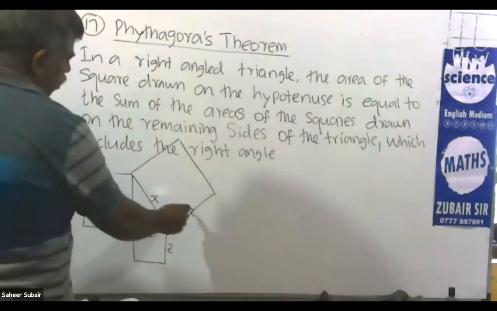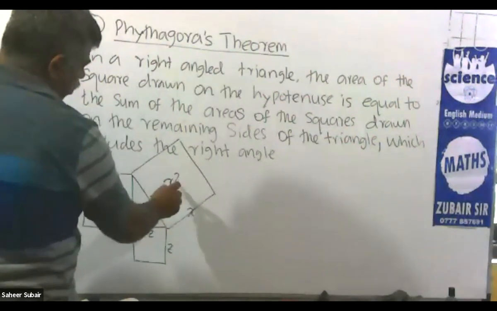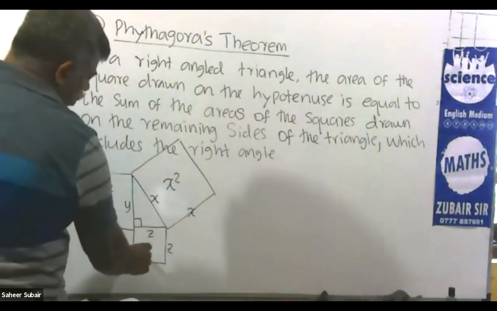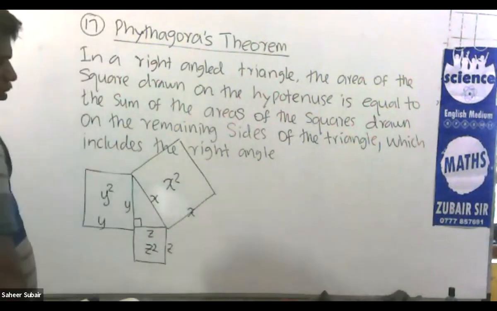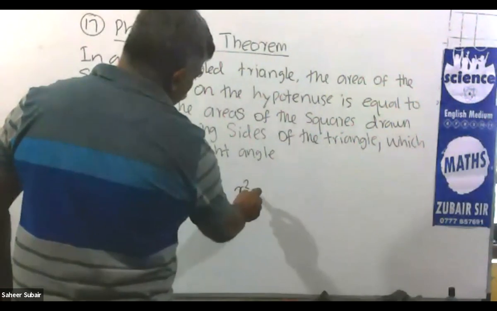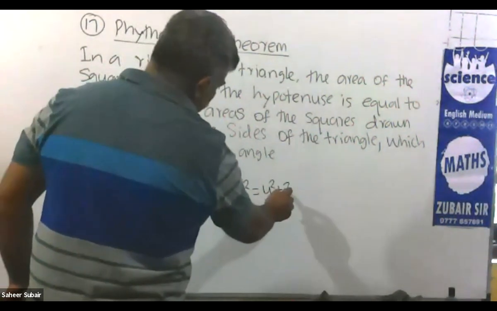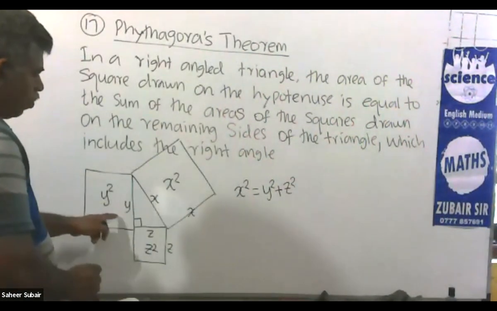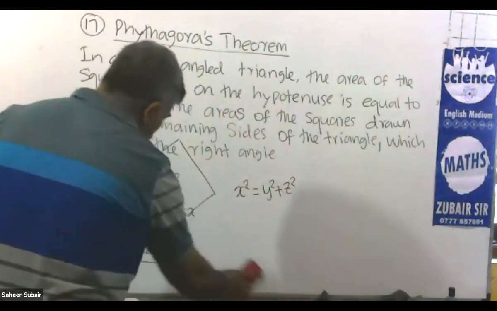What is the area of this square? x into x, x square. What is the area of this one? y into y, y square. This one? z into z, z square. Then according to Pythagoras theorem, x squared equals y squared plus z squared. The area of this square is equal to the sum of the areas of the other two squares. This is the Pythagoras theorem.